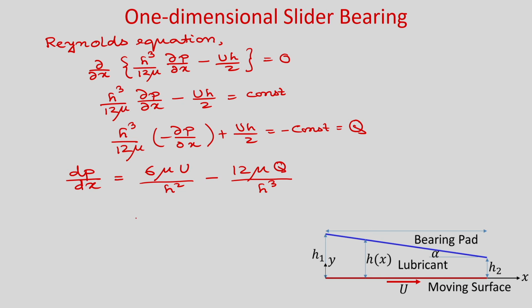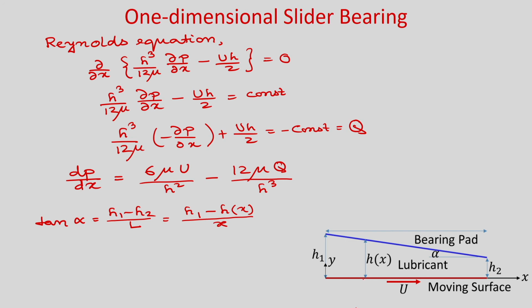Now, let us find this h as a function of alpha and the heights h1 and h2. So, from this figure you can write tan alpha is equal to h1 minus h2 divided by L, and this you can also write as h1 minus h, which is a function of x, divided by any length x.